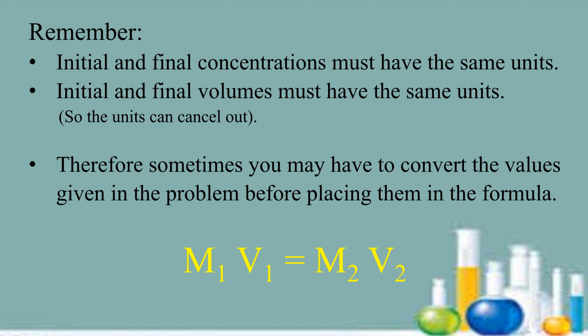Therefore, sometimes you may have to convert the values given in the problem before placing them in the formula. For example, if you're trying to find the final molarity, and you're given the initial molarity and the volumes, say one volume is in milliliters and your final volume is in liters, you're going to have to convert one of them so they're the same, so they cancel out.